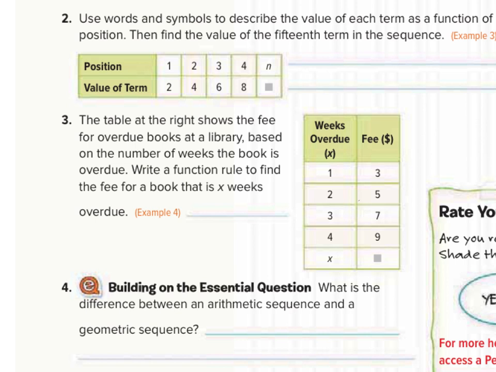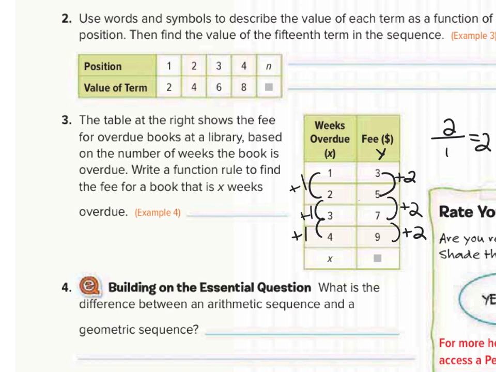This one's going to be a two-step function rule. So first we need to find the change in y over the change in x. So the change in y here is increase by 2, increase by 2, increase by 2. The change in x is increase by 1, increase by 1.